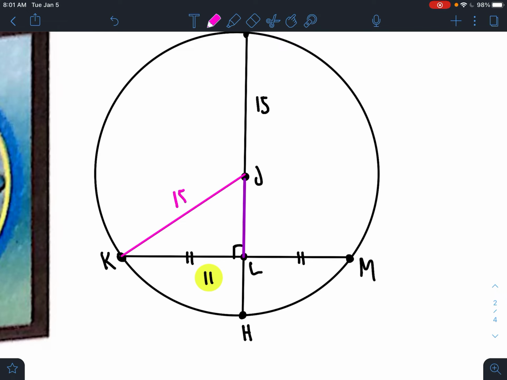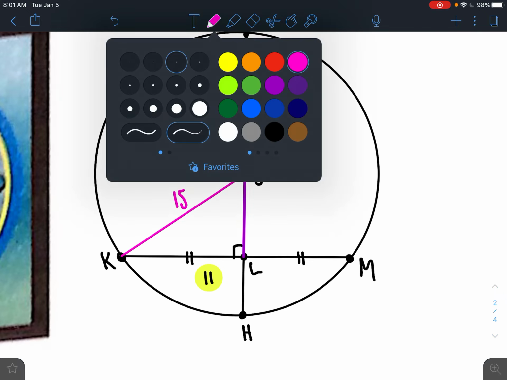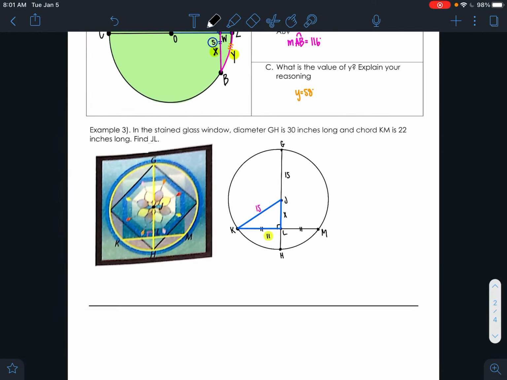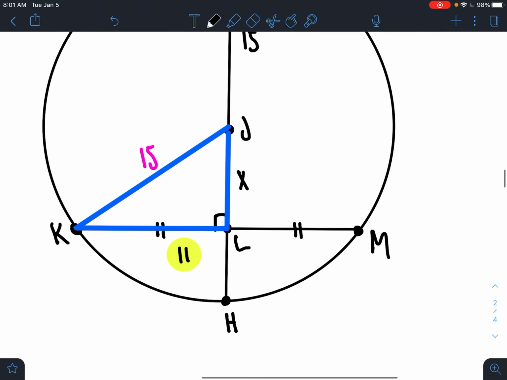And so if we know that the radius is 15, then we know that this segment is also 15. And so if we conveniently now look, though, at this right triangle, we have two of those sides already given to us. And what we're trying to find is JL, all right, which is our task.